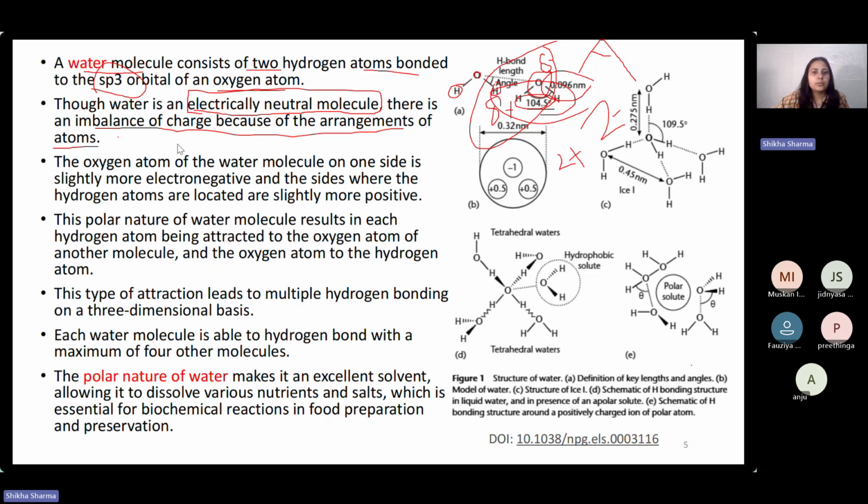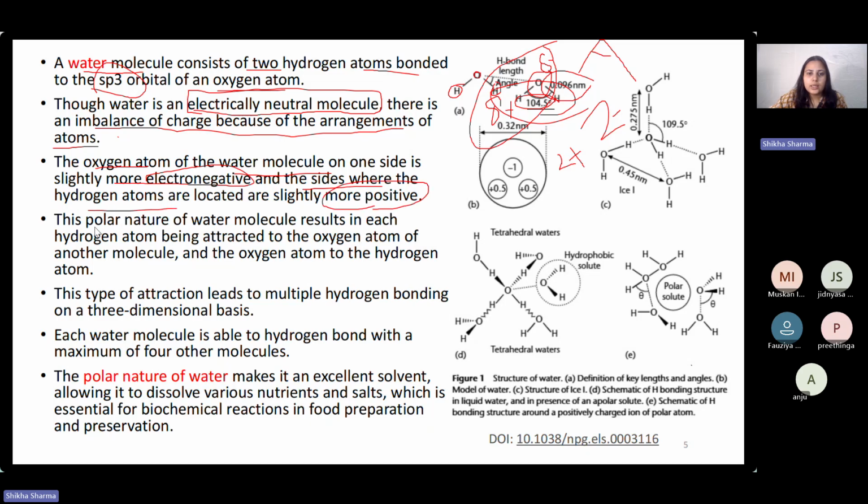But there is an imbalance of charges because of the arrangement of atoms, because the oxygen atom of the water molecule on one side is more electronegative, and the sides where the hydrogen atoms are there are slightly more positive.